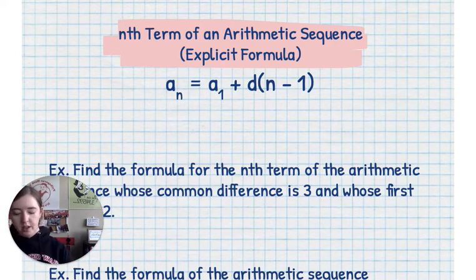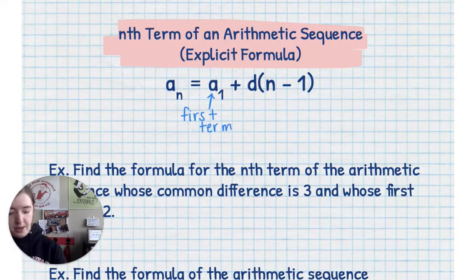All right, so to get the nth term, I have to use a sub 1. A sub 1 is my first term. Remember, d is that common difference. n is the term number that we're looking for.